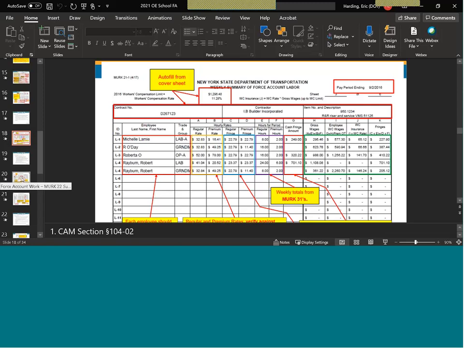This cash fringe would max out at $227.90. And it's pretty easily discernible on a certified payroll what a cash fringe amount is. However, as Amy said, we don't have an example for this period here.